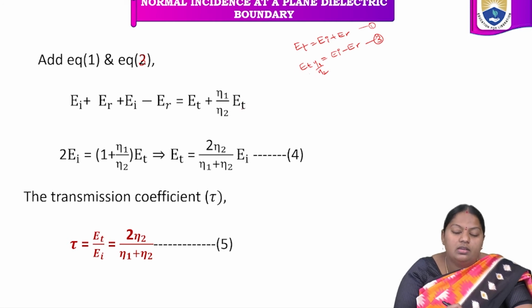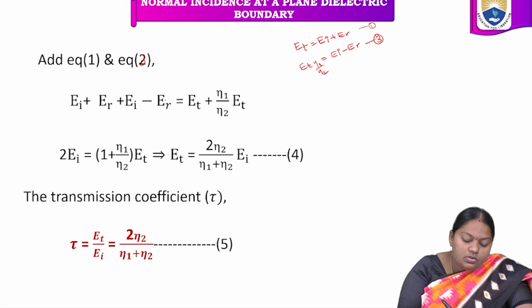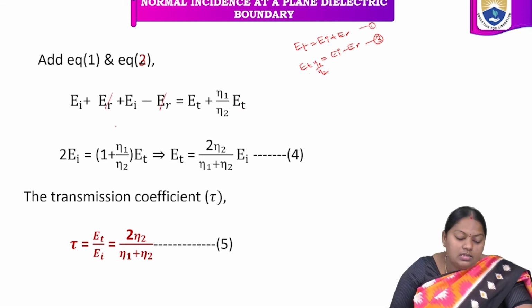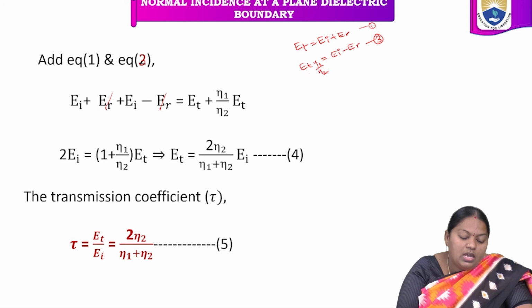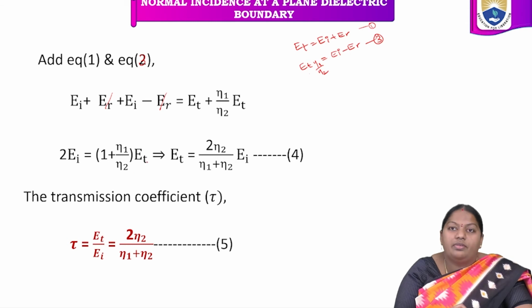So here ER plus ER and minus ER get cancelled, then EI plus EI gives 2 into EI equal to, and if we take ET as common, then 1 plus eta 1 by eta 2 into ET is left out.